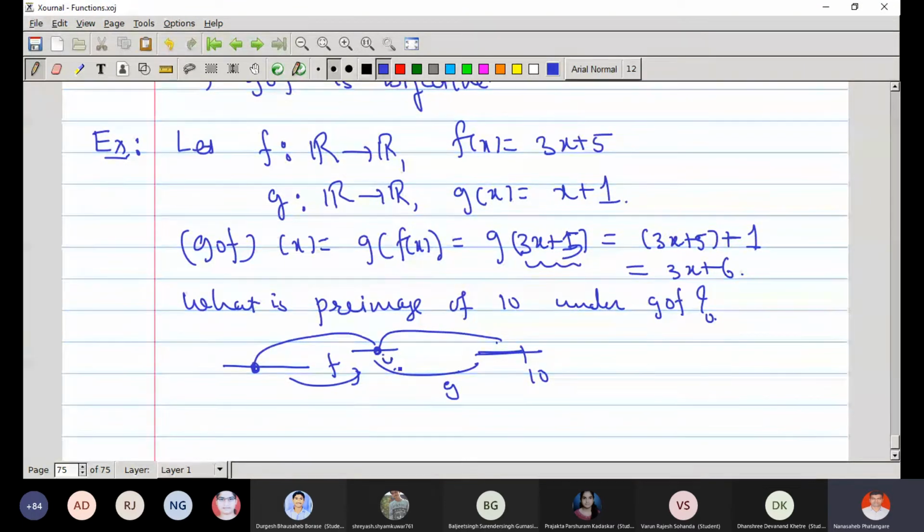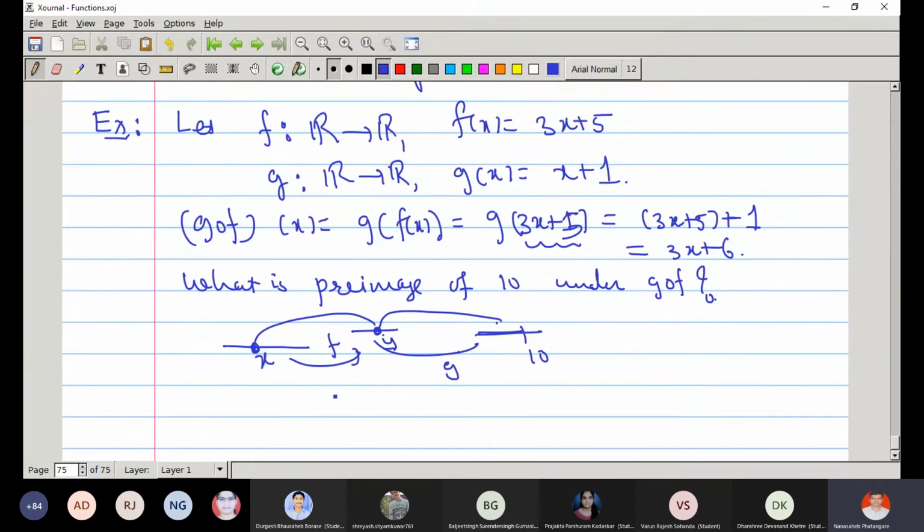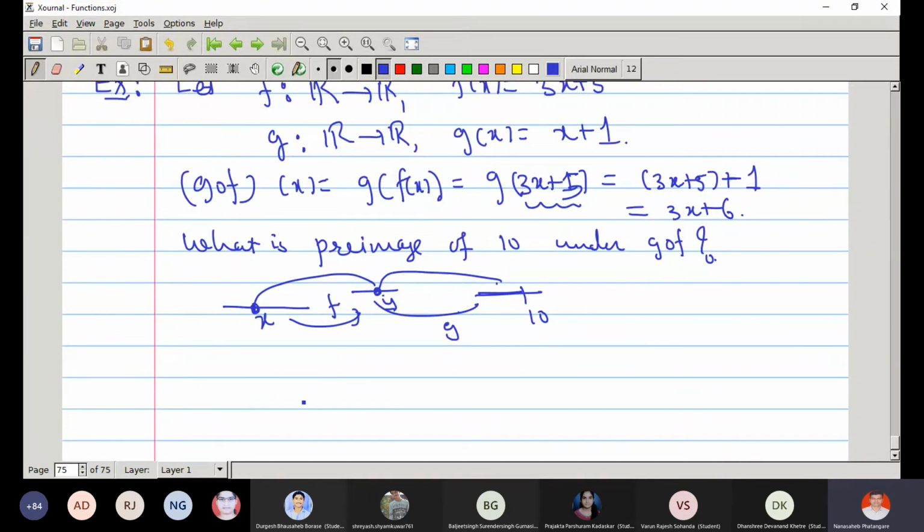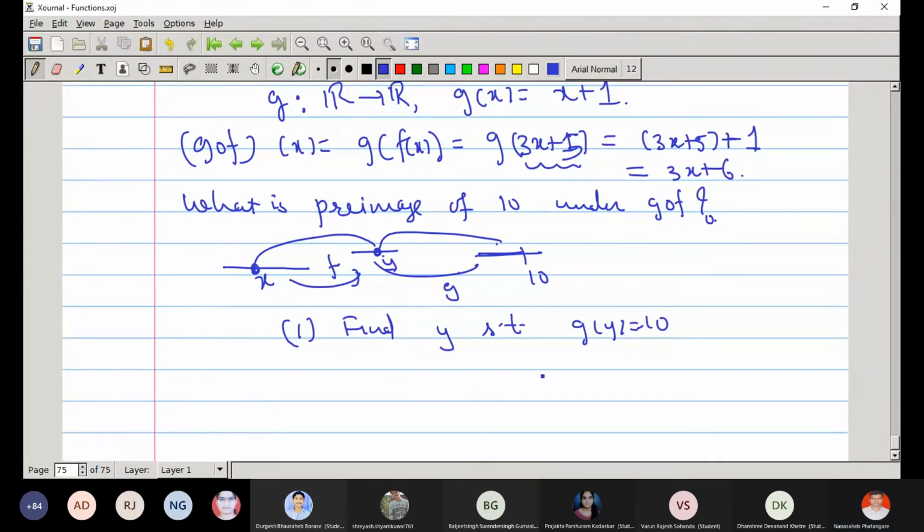So what is here y and what is here x? First I will try to find y. So the first step is find y such that g of y is equal to 10.